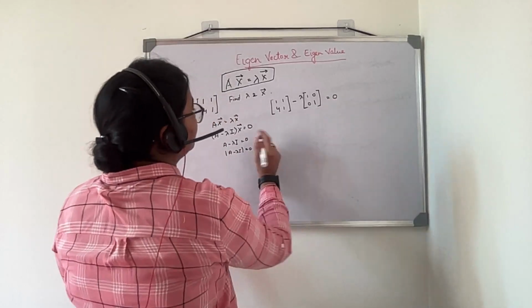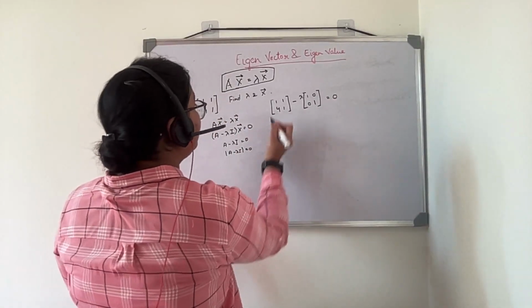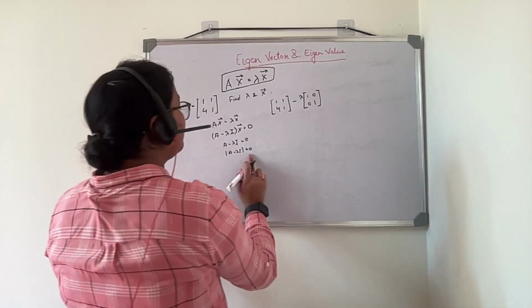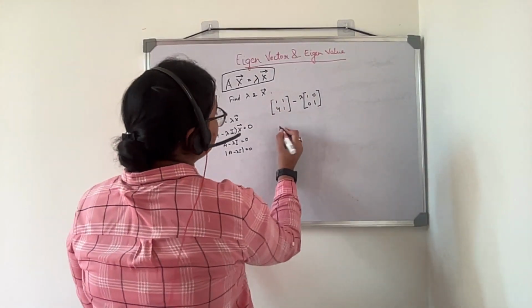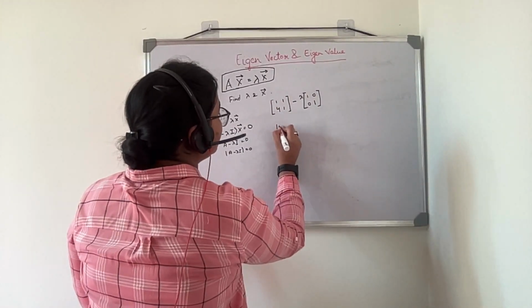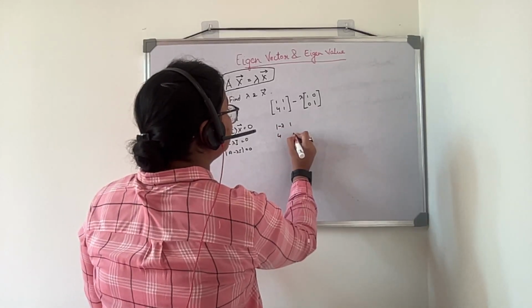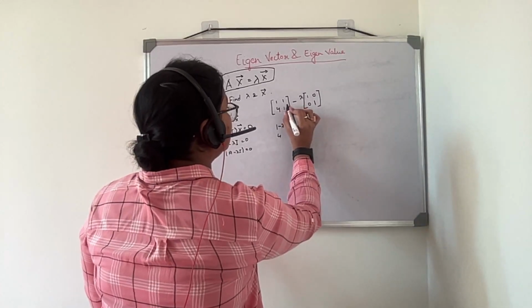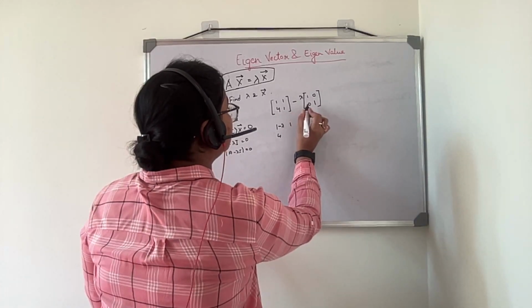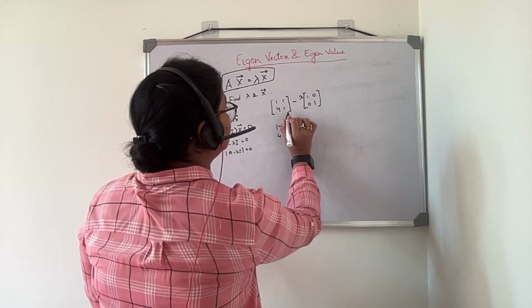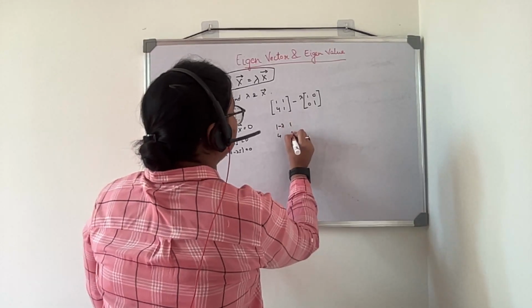The determinant of this should be 0. So we will solve this: 1 minus lambda, 1, 4, 1 minus lambda.